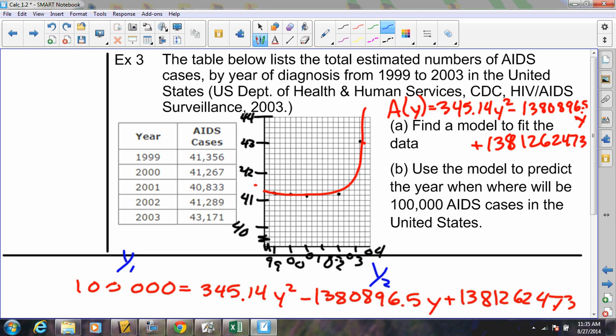I want to check my equation to make sure I actually typed it in correctly, because my graph looks wrong to me. Ah, I see what I did. When I typed mine in, I forgot to put in the times x variable, and so this middle term was entered as a constant, which allows me to do that and fixes it. But I'm going to have to go and do the zoom fit again.